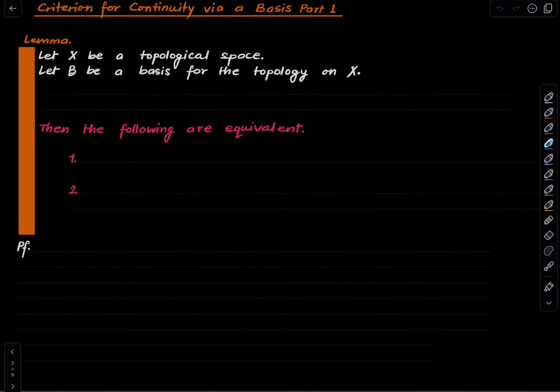Okay. So here is our first lemma. Let X be a topological space, and let B be a basis for the topology on X. So what does that mean?